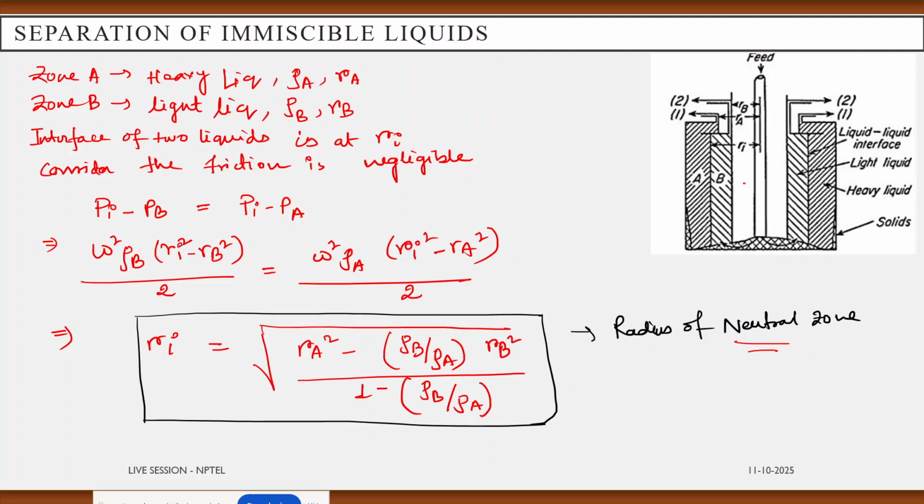Similarly, when Rb is held constant and Ra is increased, then the neutral zone will shift towards the wall of the bowl. Thus we can vary the liquid interfaces, and we can shift the neutral zone radius accordingly.